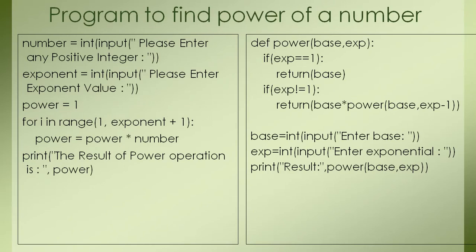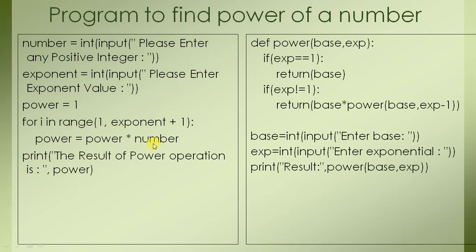Now the third problem, x to the power n. Program to find x to the power n, it is the power of a number. First you will input the base and exponent, the number for which you have to get the power and the exponent part, and then in the iteration approach you will run a loop, and you will take a variable called power that has the value 1, because it will be a multiplication series, and you will run a for loop in the range of 1 to exponent plus 1, and you will do the same as you have done in factorial, but in the factorial question it was i.